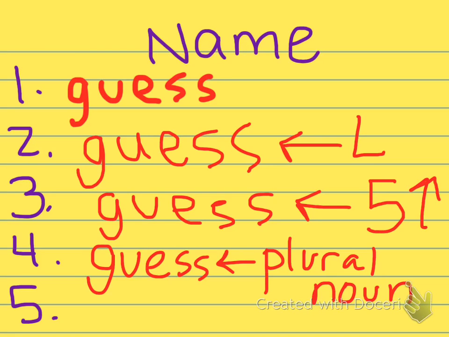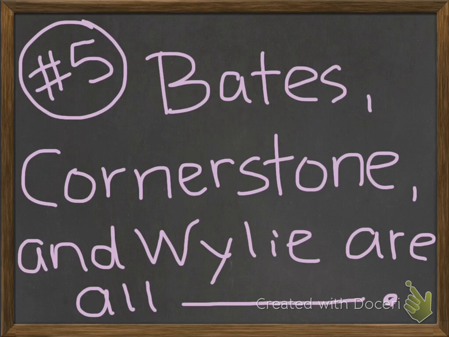Get the letters correct. For clue number 5, I've written a lovely and correct fill in the blank sentence. Here's my sentence. Bates, Cornerstone, and Wiley are all blank. Let me tell you what's lovely about this sentence. Bates, Cornerstone, and Wiley all have capital letters because they are proper nouns.